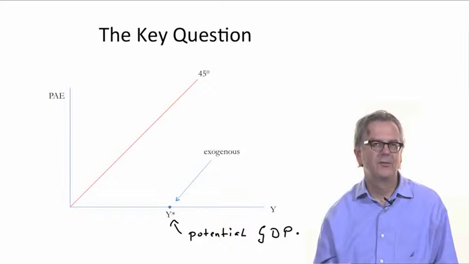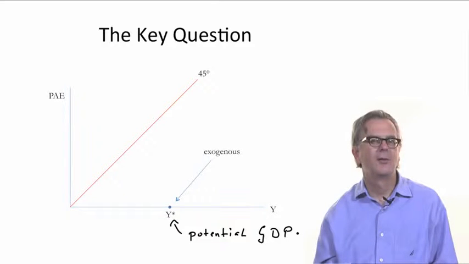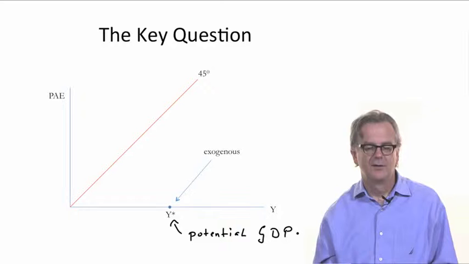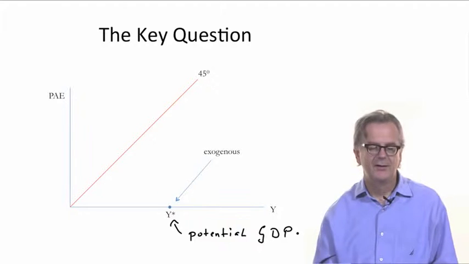An exogenous variable is a variable whose value is determined by factors that are operating outside of the model. Those factors in this instance lead to that particular level of GDP being associated with this economy's potential GDP. But there's going to be nothing in this analysis that necessarily tells us exactly where that point is. It's given to us from outside of the model.